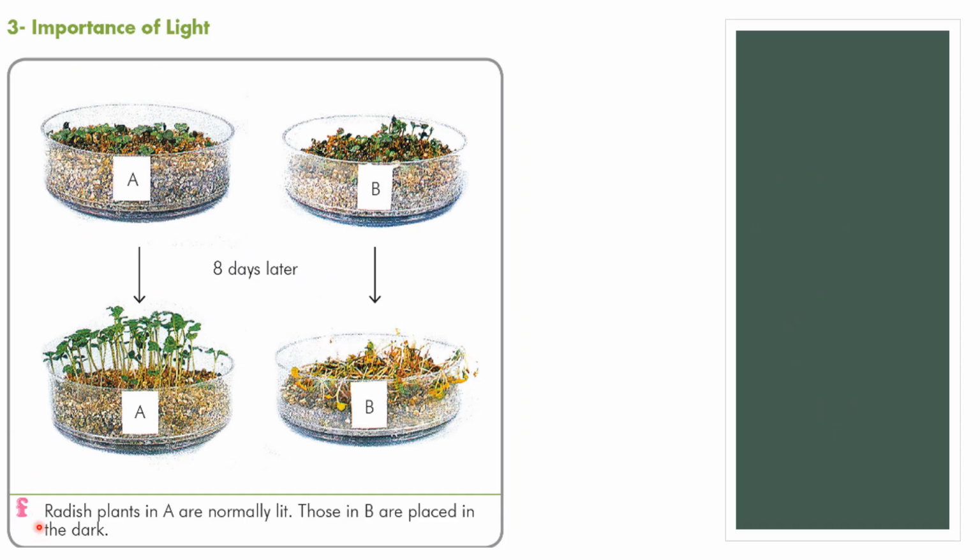Document F, page 31. Importance of light. Radish plants in A are normally lit. Those in B are placed in the dark.